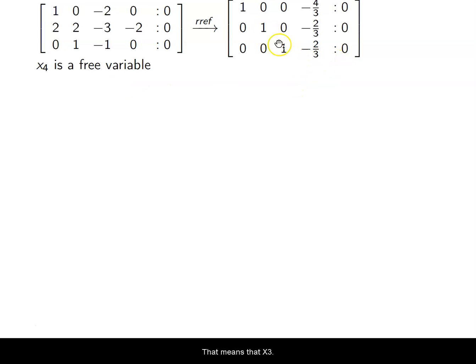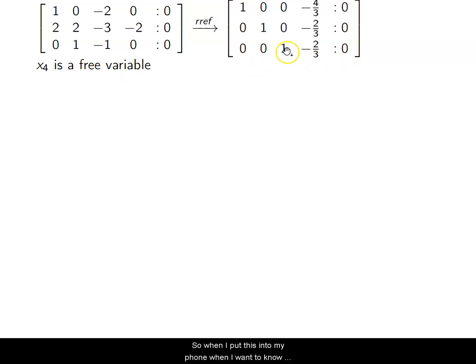That means that x3 is, so remember, this is the equal sign. I have a 2/3 times x4, right? All of these are multiplied by x4, all of these by x3, by x2, by x1. So that means this equation here is x3 minus 2/3 x4 is 0.